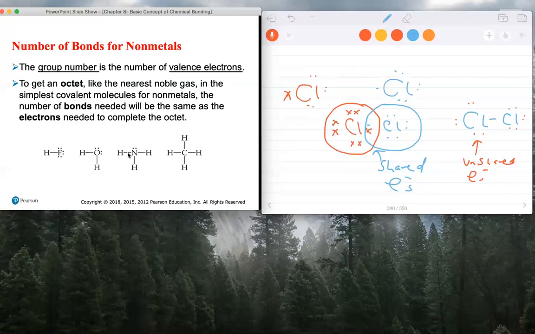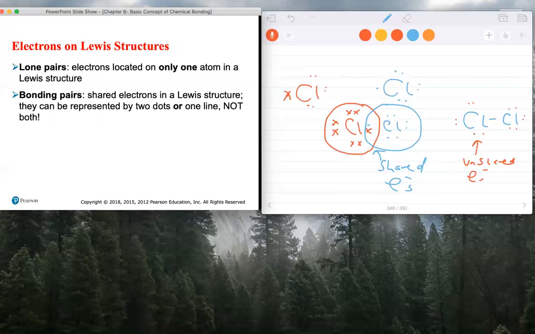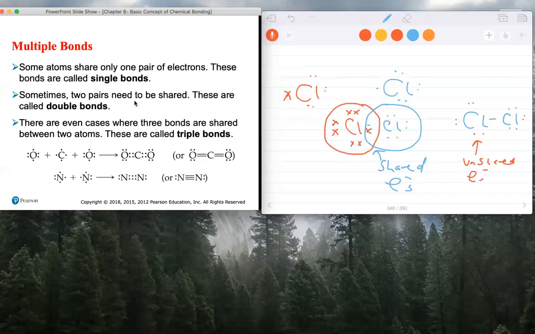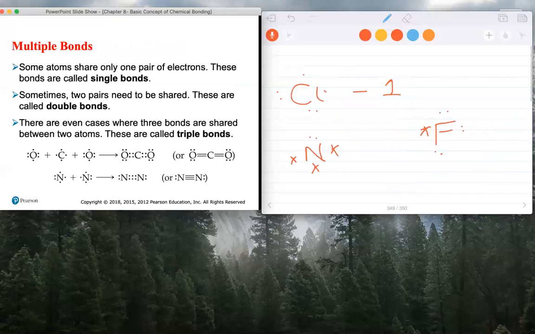In ammonia, we have 3 bonding pairs and 1 lone pair. Lone pairs are located on just one atom. You need to know that so that it's easier to distinguish lone pairs and bonding pairs.